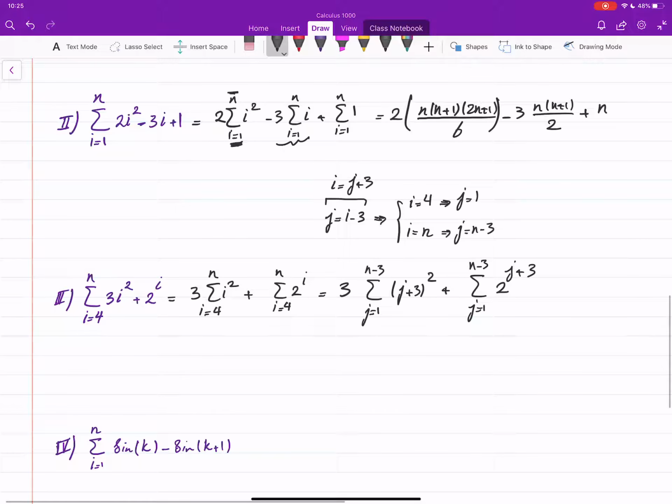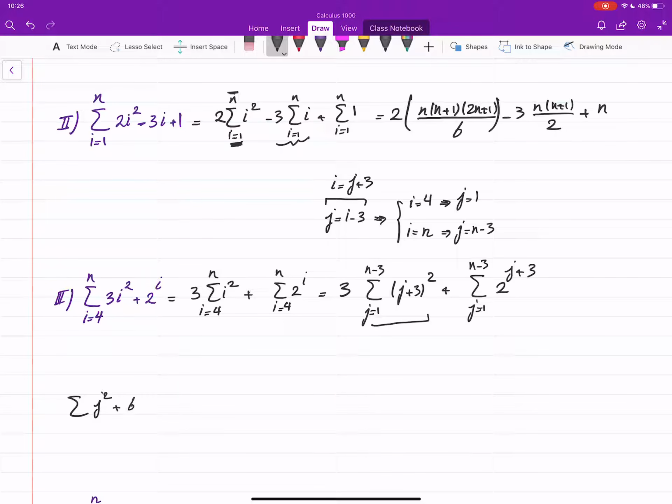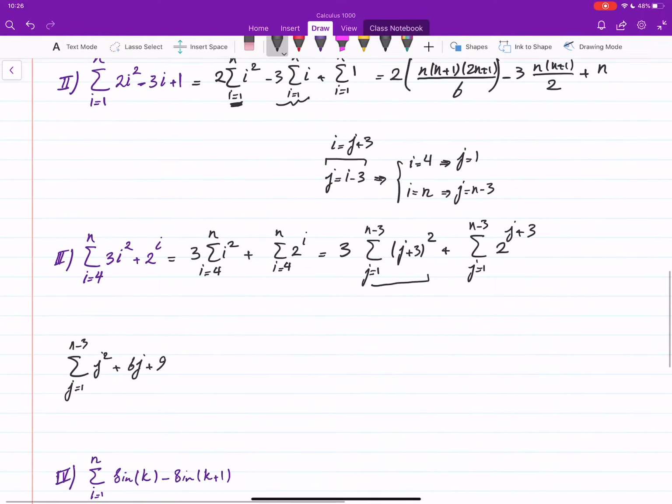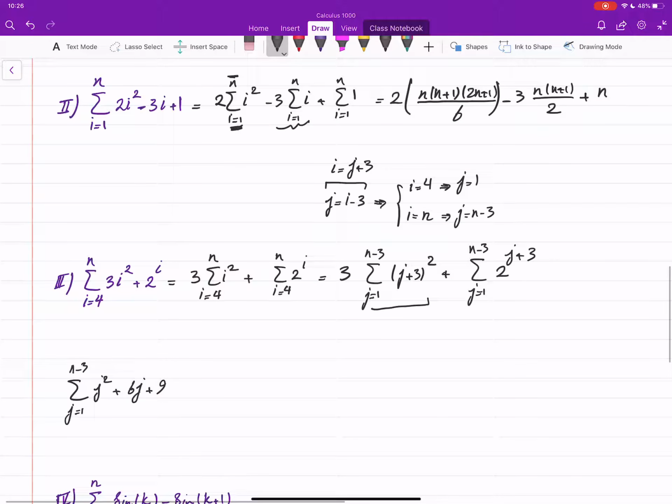So we have now two sums that we can deal with, each one separately. Here, the first one, I don't know what is the sum, but I can write this, let me write down here, as j squared plus 2 times 3, 6j, plus 9, j going from 1 to n minus 3. And then separate these guys.